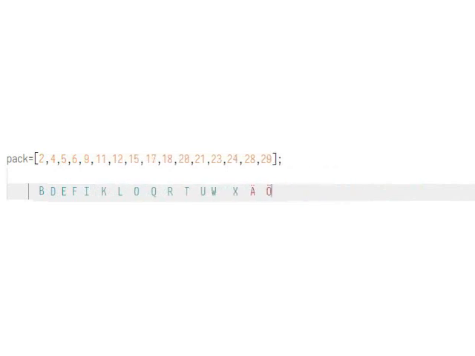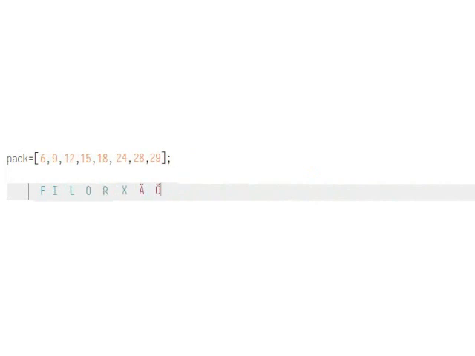When a letter has been chosen, it will be removed from the array. So for each choice, the array will get shorter until it is empty. When it is empty, it needs to be filled again with all positions.